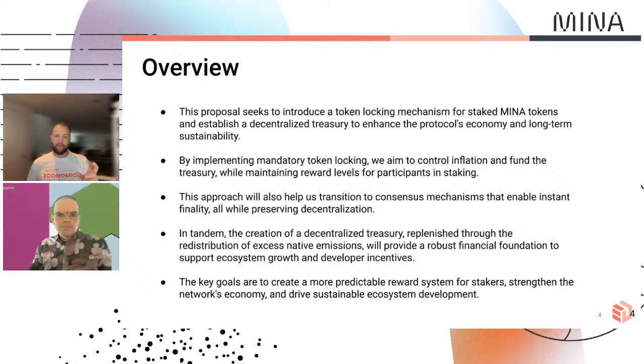And we'll also dive deeper into this, which would provide a robust financial foundation to support the growth of the ecosystem. The key goal is to provide more predictability for the stakers. That means having expected reward ratios, for example, as well as strengthening the economy and driving sustainability through these new initiatives.